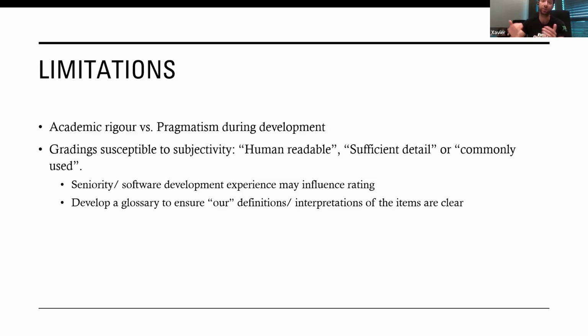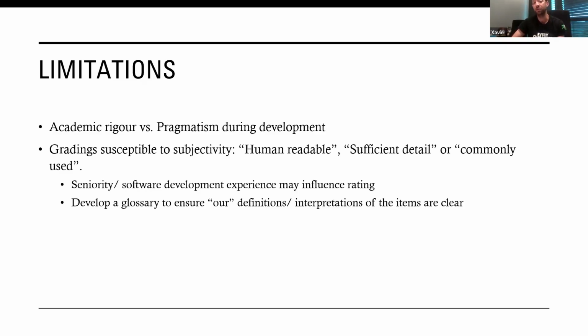We use terms in the description of the levels like human readable, sufficient details, or commonly used. And something that is described in sufficient detail or that is commonly used can depend on your seniority level or software development experience. So the experience that you have may influence what you think is sufficient or commonly used. So that may be something we have to work on.